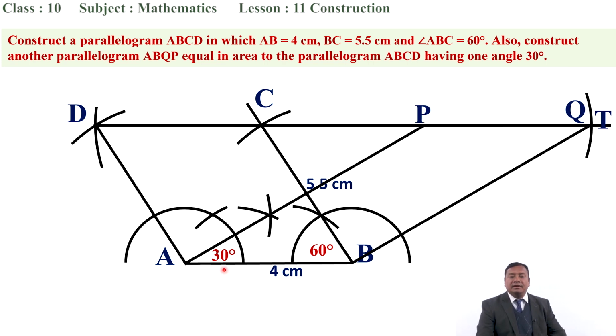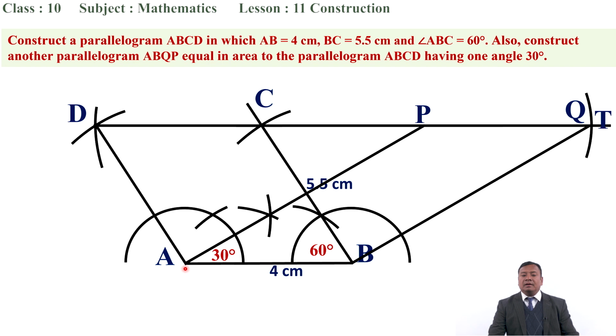Now look carefully here. According to the figure, we have ABCD as a parallelogram which is already given, yes, and then we have now made the next parallelogram ABQP, in which one angle is 30 degrees.